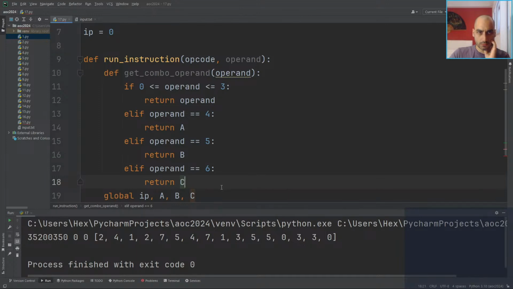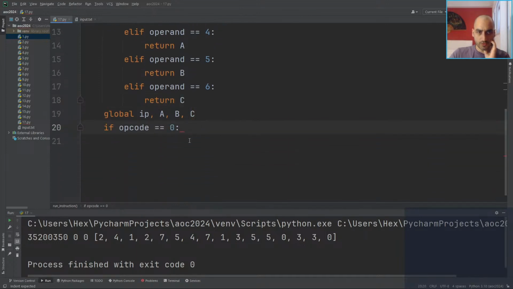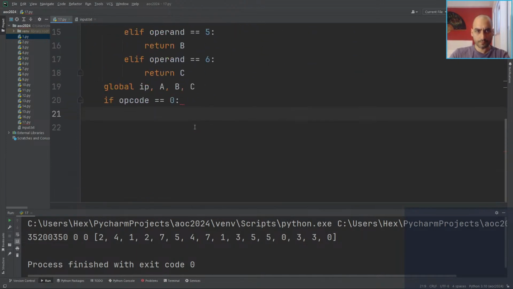Okay. So if opcode equals 0, we're doing A divided by, truncated to an integer.